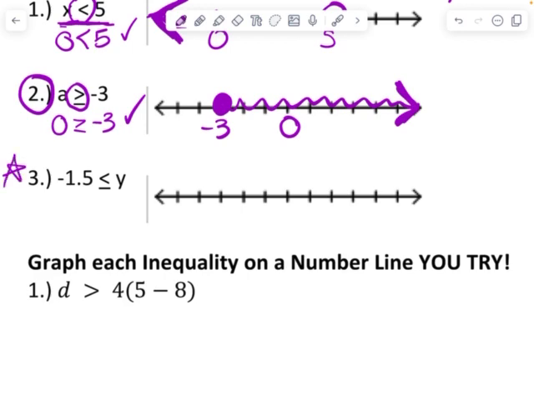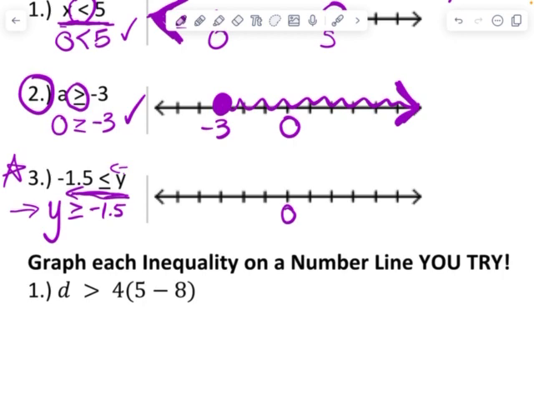I have negative 1.5 is less than or equal to y. I want you to star this because we must have the variable first. So now I'm going to rewrite this inequality, but I'm going to rewrite it from right to left. So y, if I read it backwards, y is greater than or equal to negative 1.5.